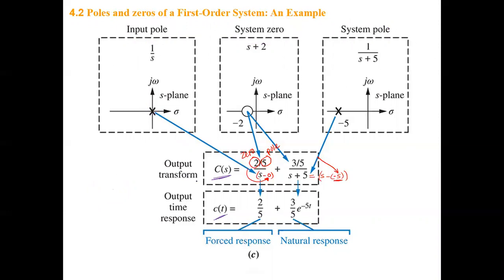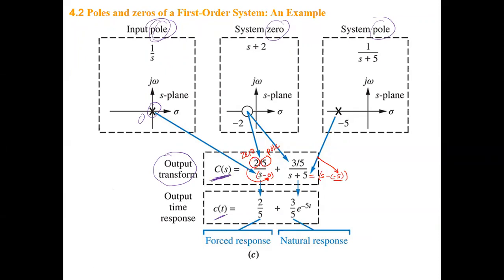Okay, now what I'm trying to say here is once you know the pole and the zero of the system, as well as the pole of the input, then you get the output. See, that's what I'm trying to show you. Because this is your Laplace transform, right? Look at this.